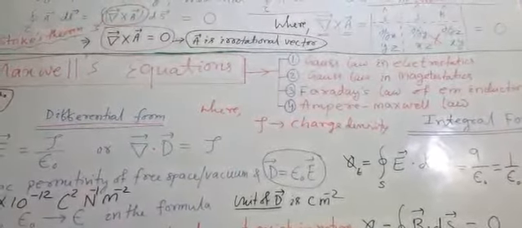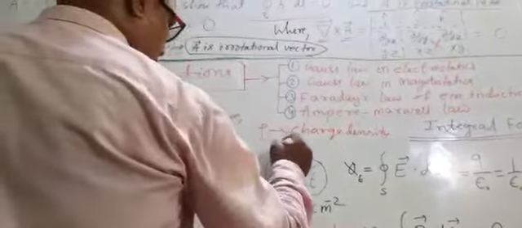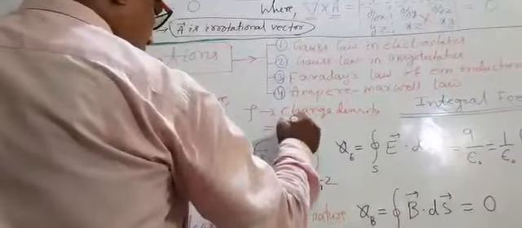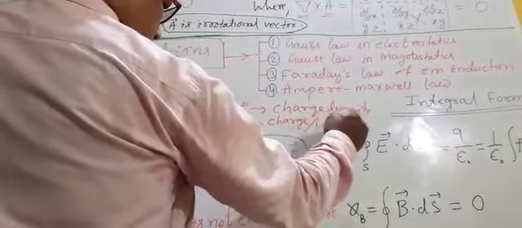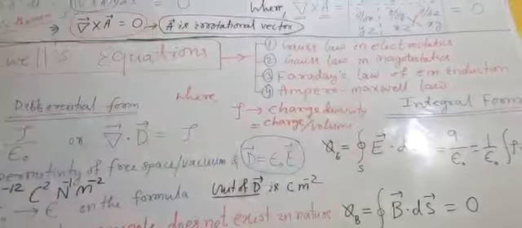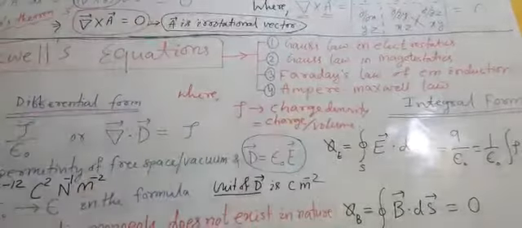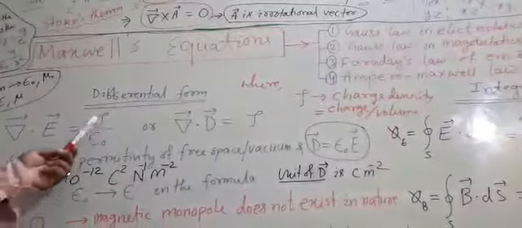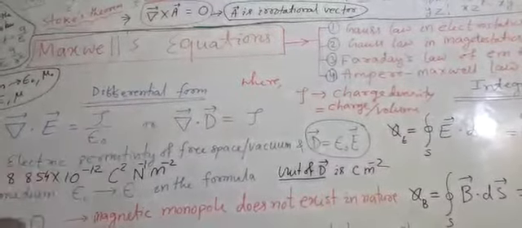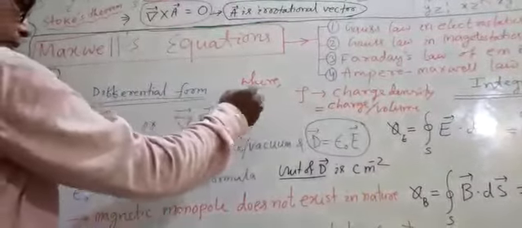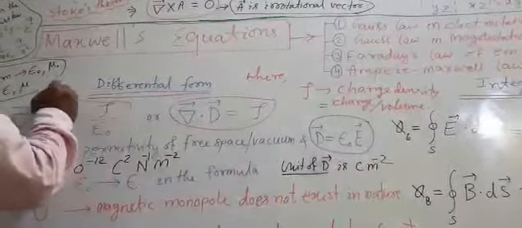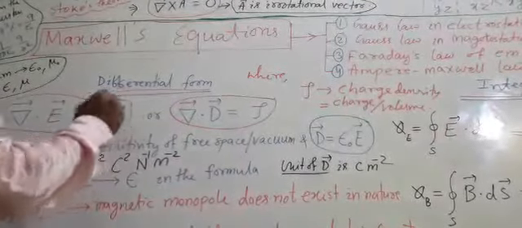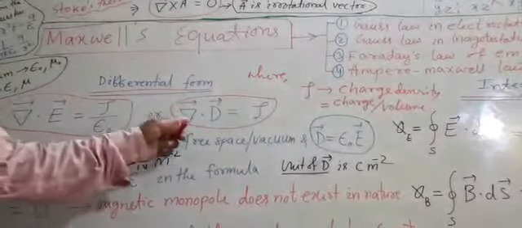Charge density means charge per volume. Or you can write the divergence of D is equal to rho.